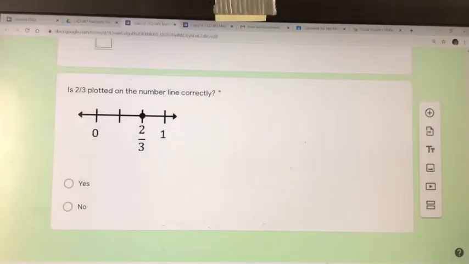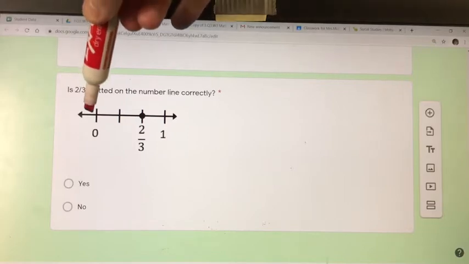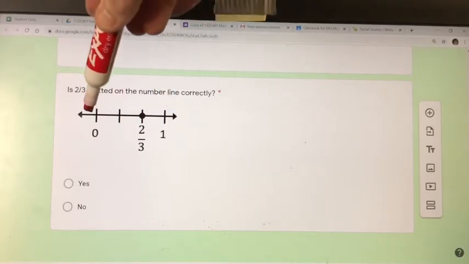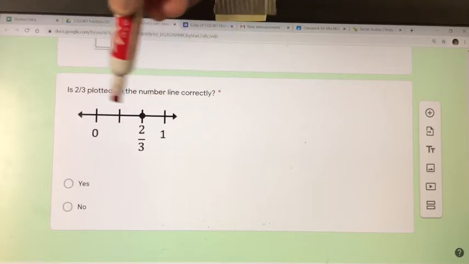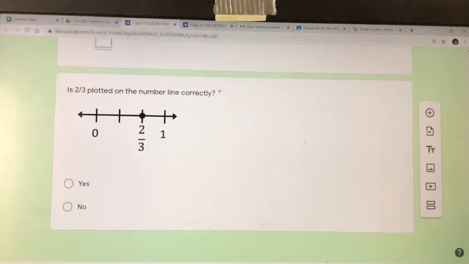All right, the last problem says, is 2/3 plotted on the number line correctly? So I know that between my whole numbers, so I start with 0, my whole number 1, I have fractions in here. Let's look a little bit closer at this.